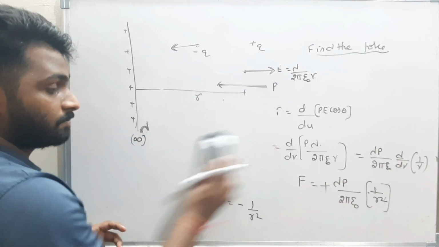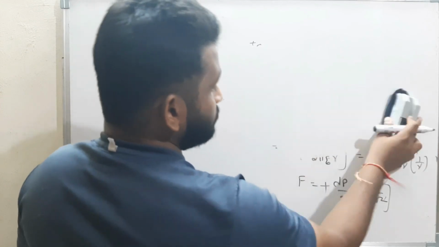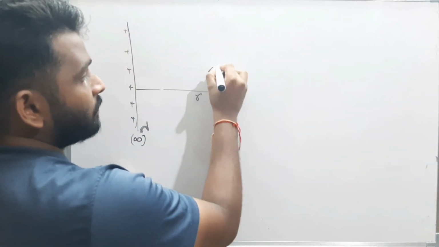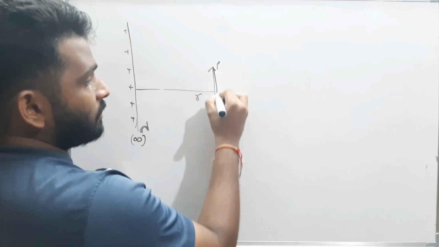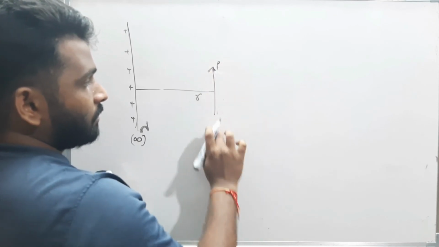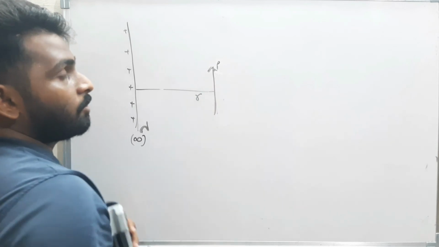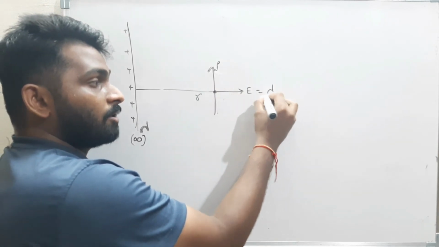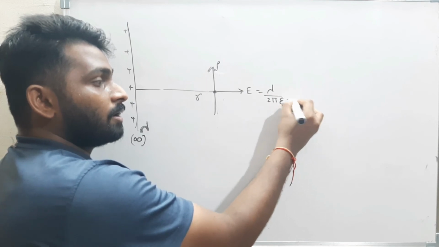If by chance the dipole is like this, tell me, what is the electric field? At this point, the electric field is the same, lambda by 2 pi epsilon naught r.